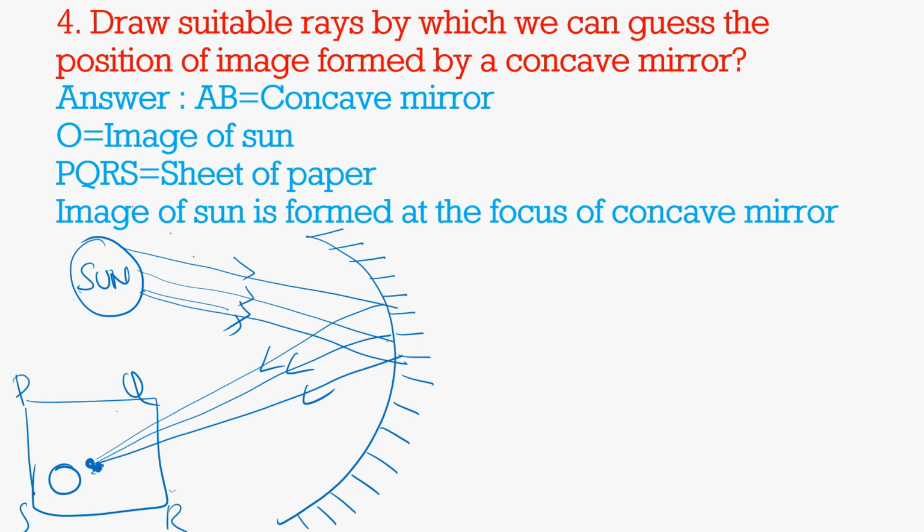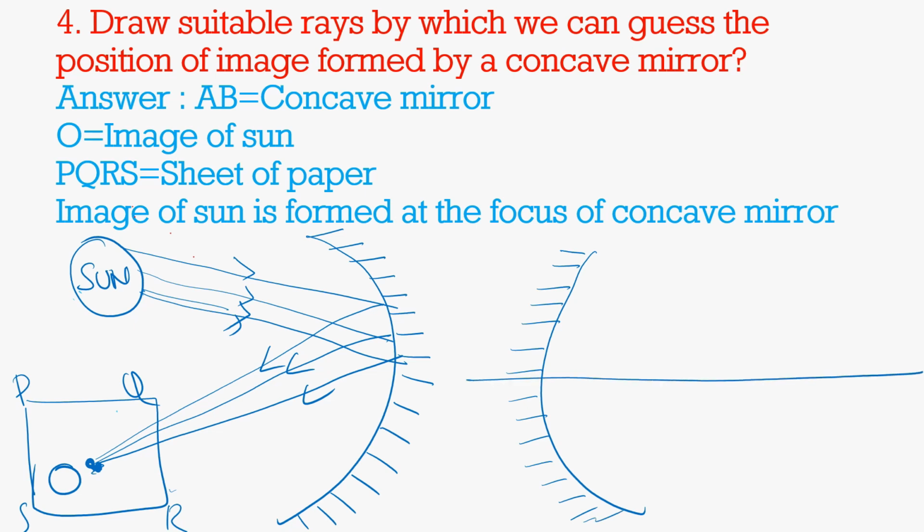And next, here we are taking a concave mirror and this is the principal axis, and we are taking the candle as an object and sending a ray parallel to the principal axis, and after reflection this passes through the focus.